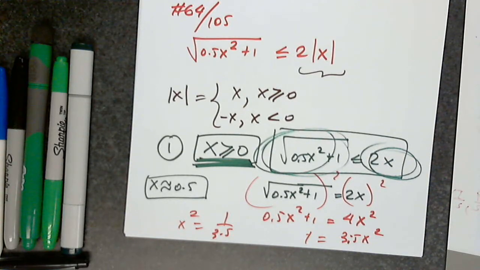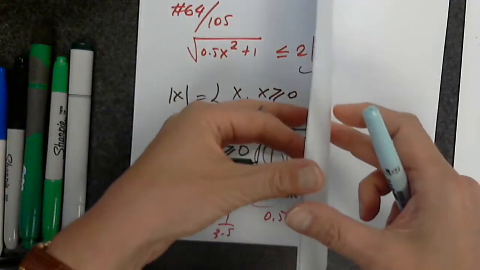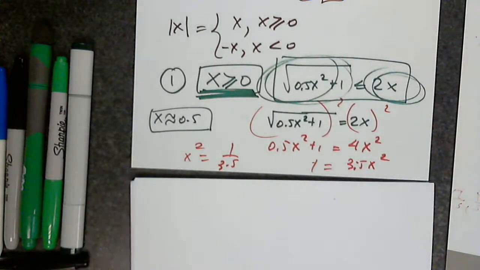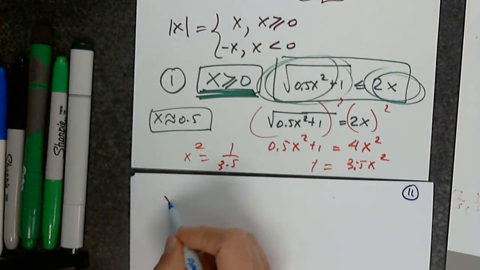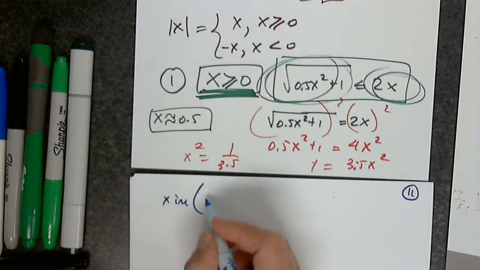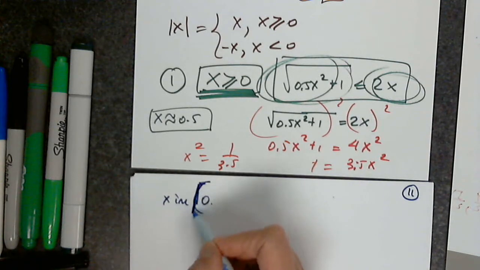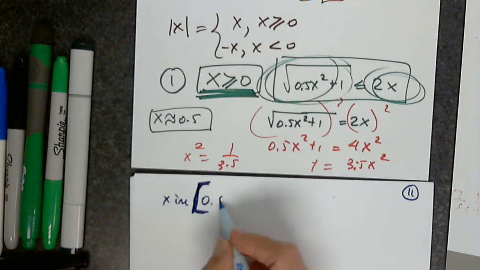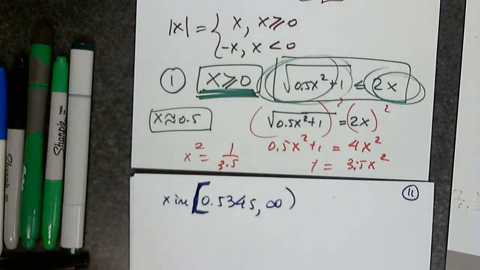And now I can say for sure that in the interval 0 to infinity, this inequality has a solution. So I will say x in the interval, and I get, it's less than or equal to, sorry, so I have to use a bracket then, 0.5345, comma, infinity.